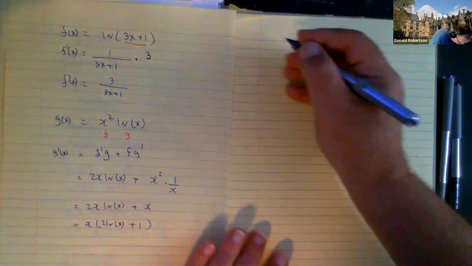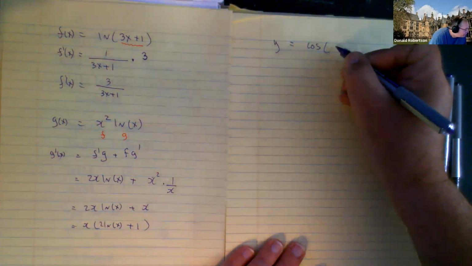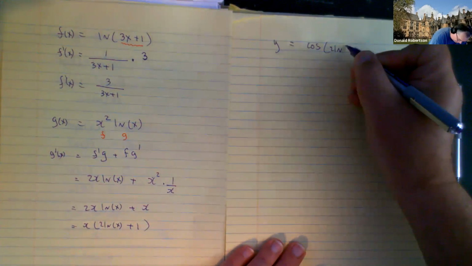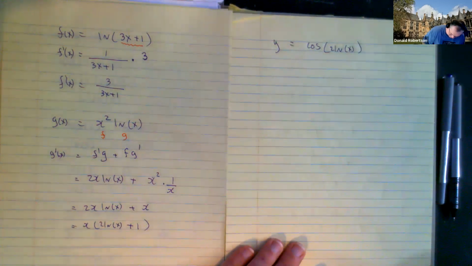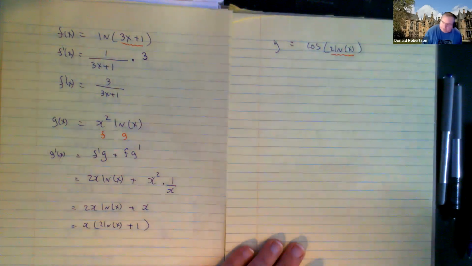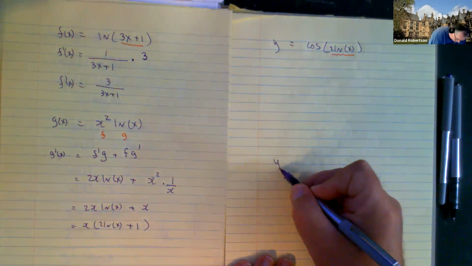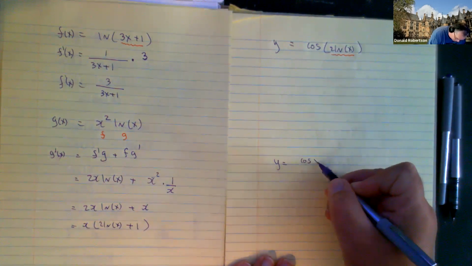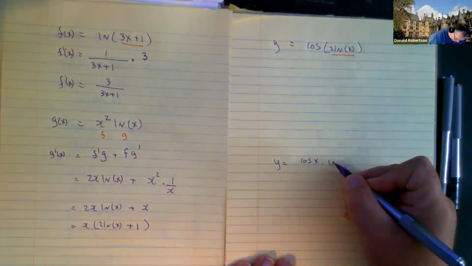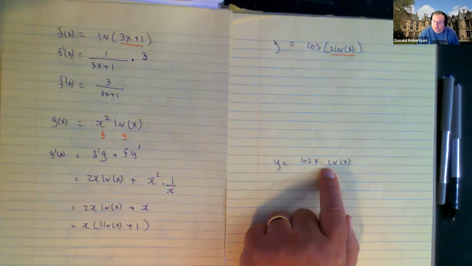Let's do something weird then. How about the cosine of 2 times the natural log of x? Would you agree this is a chain rule again? What process would I use to differentiate this guy?